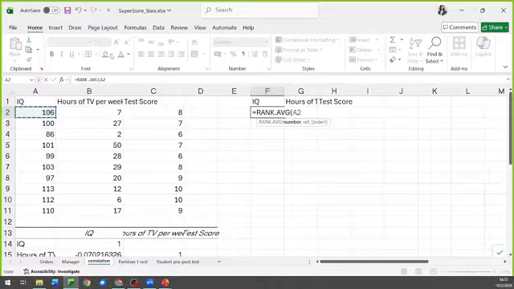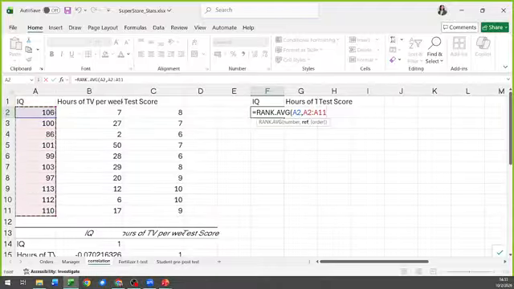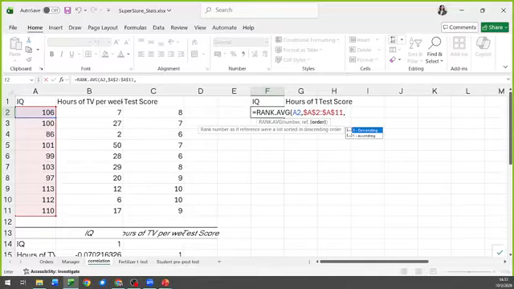I want to know the rank of 106, A2, compared to the whole set of data, A2 to A11, and then I press F4 to fix it. Then I can choose descending or ascending, it just needs to be the same for all. Let's say ascending.